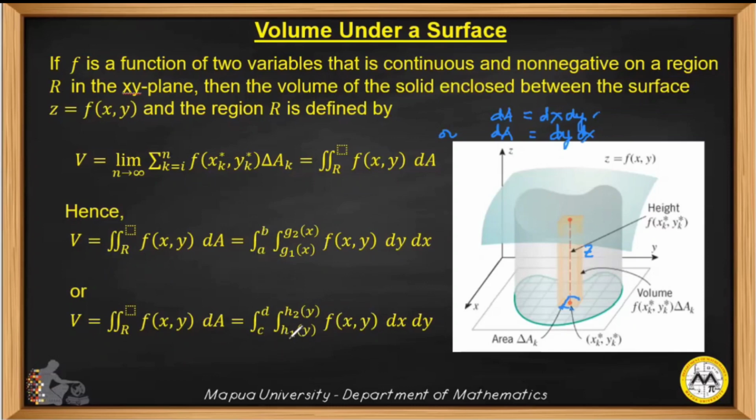Or the volume is equal to the double integral of f of x, y dx dy, horizontally simple, where x goes from h1 to h2. h1 and h2 must be independent of x, therefore they must be functions of y, and y will go from c to d, where c and d are constants. This is how we get the volume of a solid bounded above by the function z equals f of x, y and below by the region R in the xy plane.